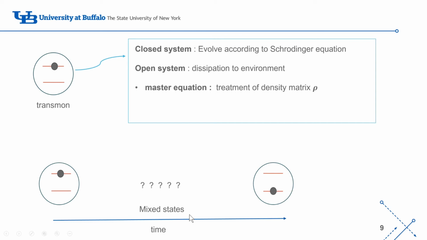So we think of it in terms of mixed states, where we give classical probabilities of being in the excited and in the ground state, because of the lack of information. That lack of information is the result of the infinite number of modes that we cannot track, or the interactions between the environment and the system that we cannot track.